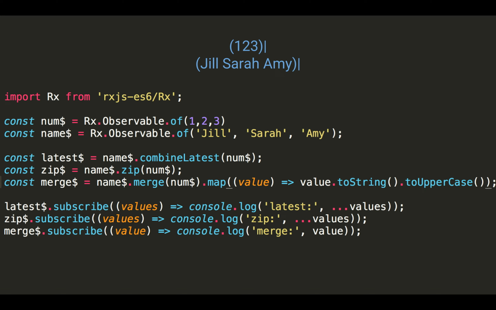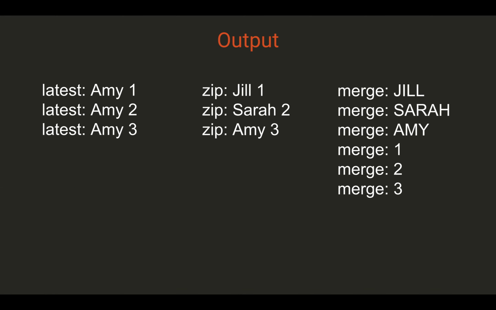I've got more values, I've got Sarah, but I can keep going. I've got more values, I've got Amy. So it takes the latest value, Amy, and then there's silence in the stream, no more values are coming, and it looks at the other stream, the number stream, and combines the latest value from the first stream with each value that comes out of the second stream. So that's why we get 3 times. We get Amy 1, Amy 2, Amy 3, because each value, the latest value from the first stream, is combined with every single value from the other stream.